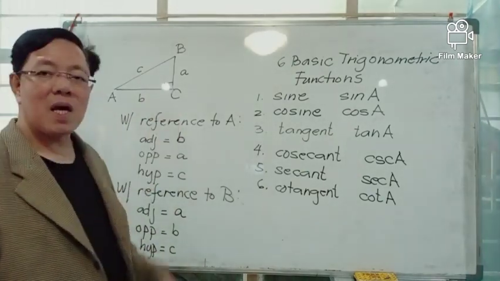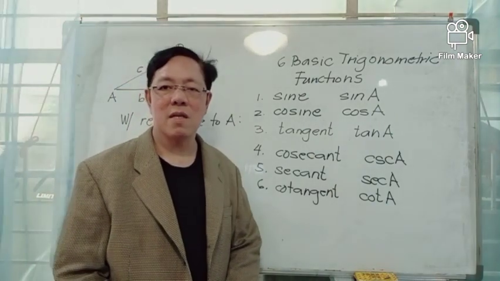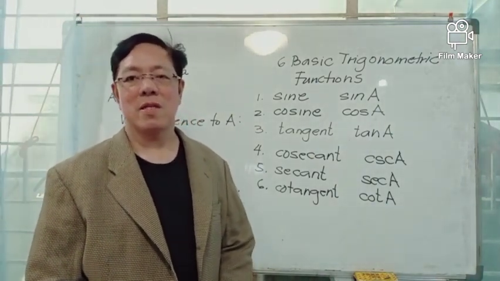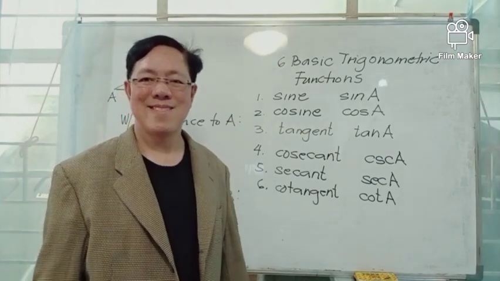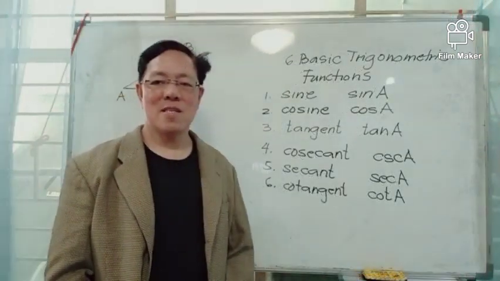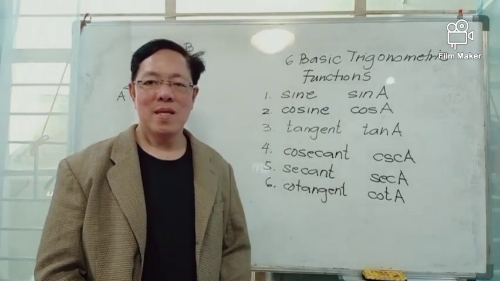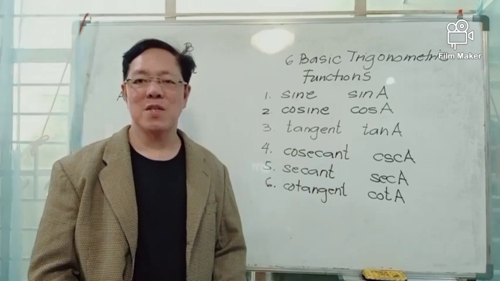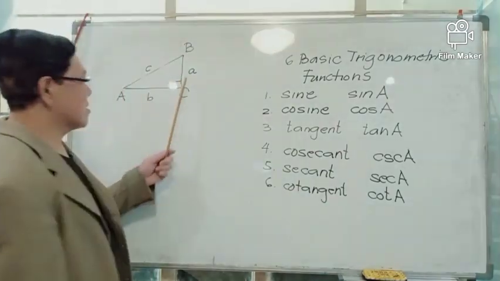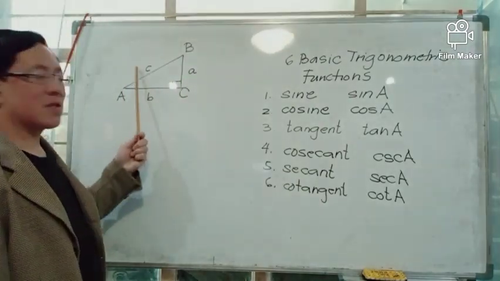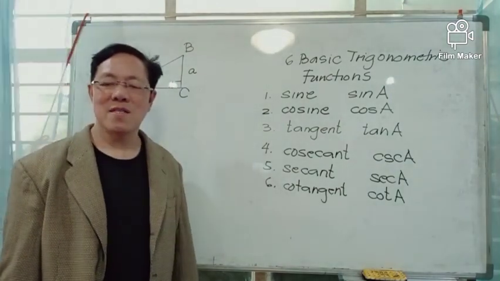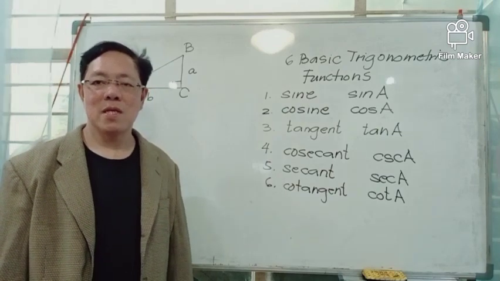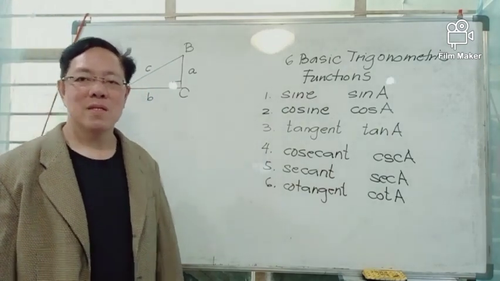And if we have 3 sides of a right triangle, there are 6 possible ratios that can be formed using 2 sides of a triangle.